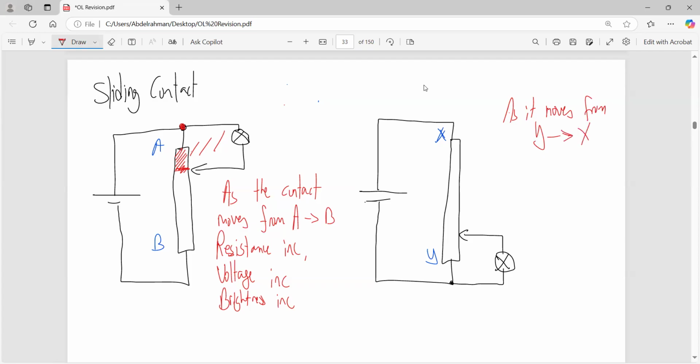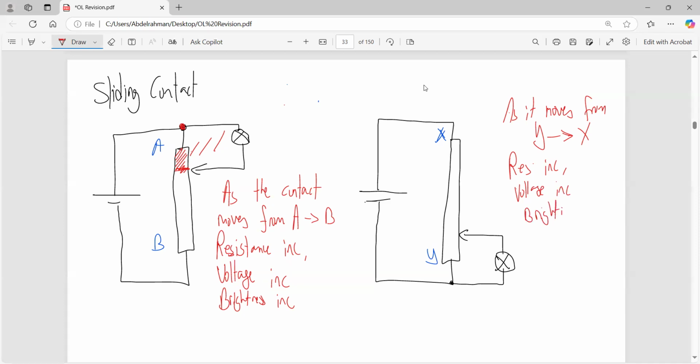The resistance increases, the voltage increases, and the brightness of the lamp increases. The resistance covered is the part of the resistor which the lamp is parallel to.